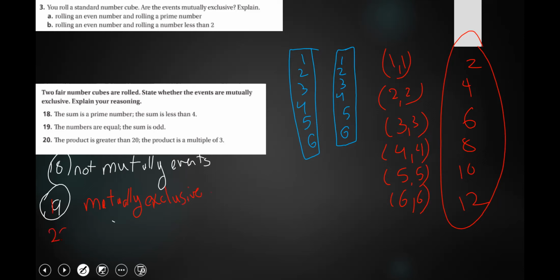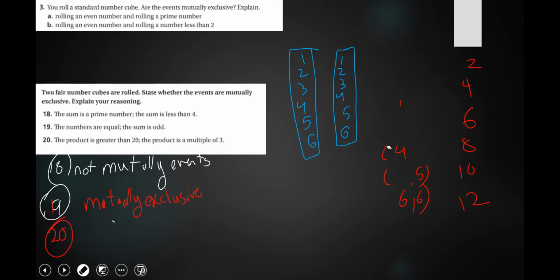Now, number 20. The product is greater than 20. This is the first event. And the product is a multiple of 3. Now let's write the product that is greater than 20.